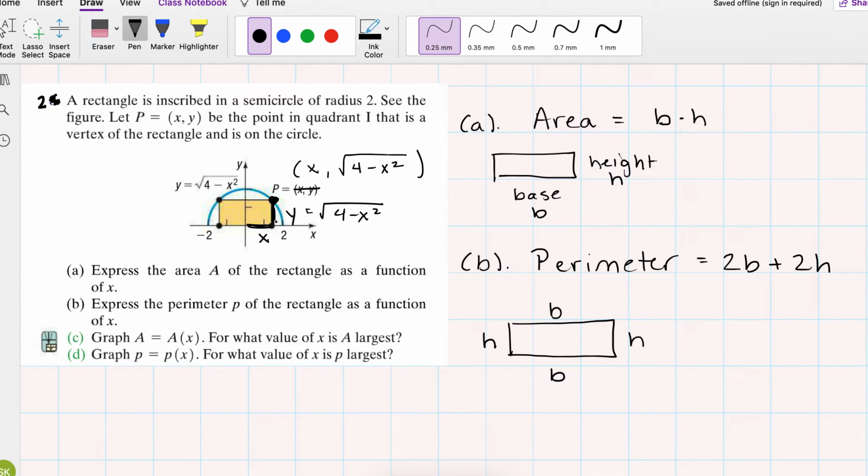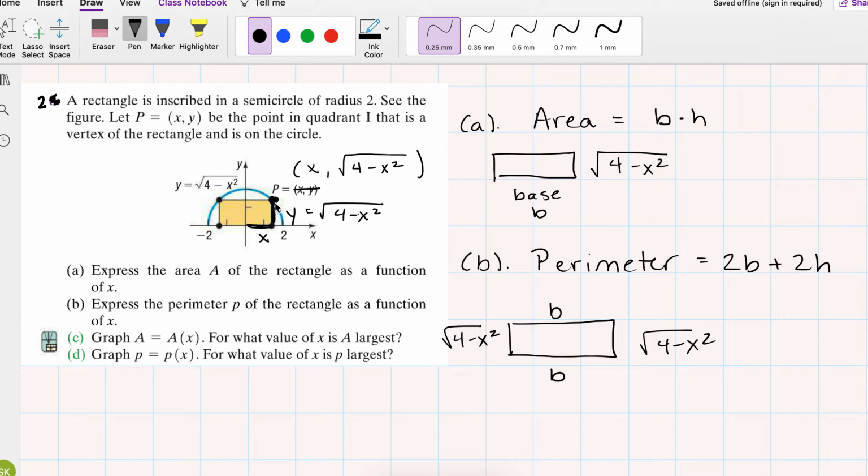And look, I've already got the length of one side of the rectangle. Let's erase this height and put that length here. This is the square root of 4 minus x squared, and we could also put that here. Square root of 4 minus x squared, here and here.